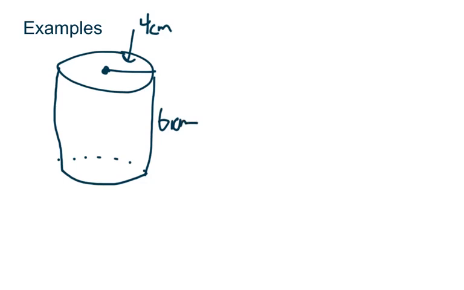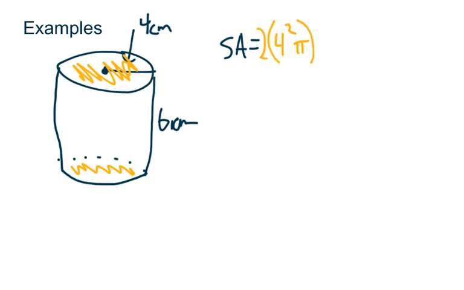Okay, so we're going to break it down. We have several pieces, and I really want to show that to you, so we're going to take our time. We have the top circle and we have the bottom circle. So the surface area will equal the area of the top circle, which would be 4 squared pi. And then there's 2 of these, so we'll put a 2 right there.